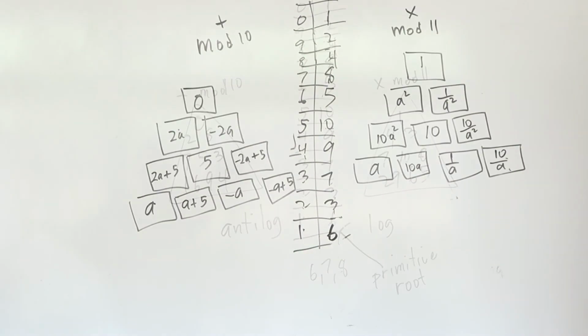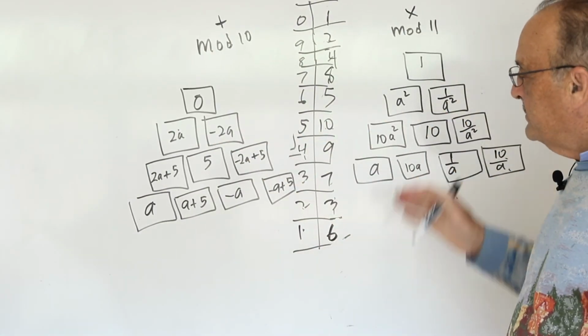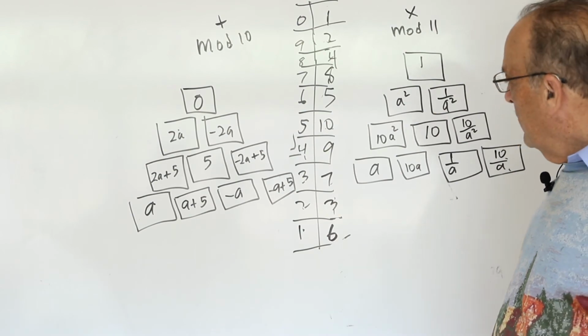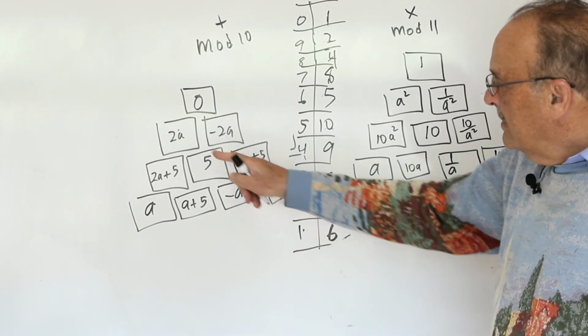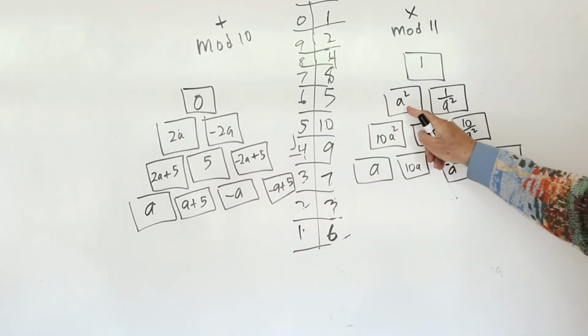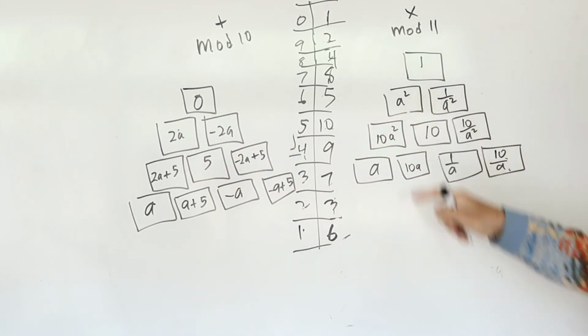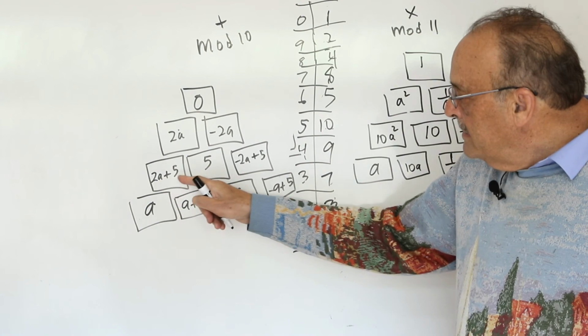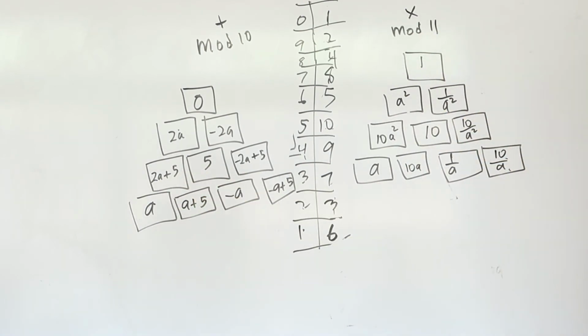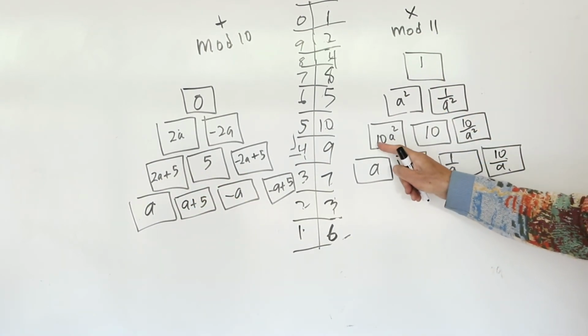no repeats. Go back and look at the algebra that we used to solve these problems. We should be struck by something. 2a becomes a squared. So this 2 that was a coefficient becomes an exponent here. Here we're adding, and here we're multiplying.